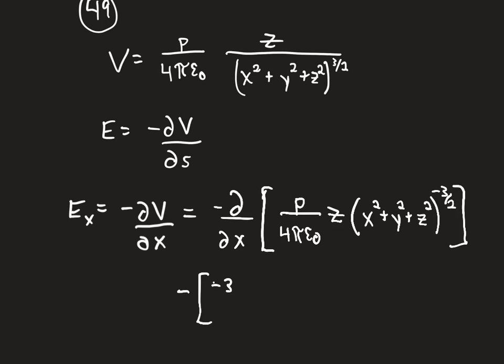I bring my exponent out front, negative 3/2. And then I write down everything else that I have. I write down the coefficient in front. I write down everything in the parentheses. I just repeat that. So I've got p over 4 pi epsilon naught times z times x squared plus y squared plus z squared.